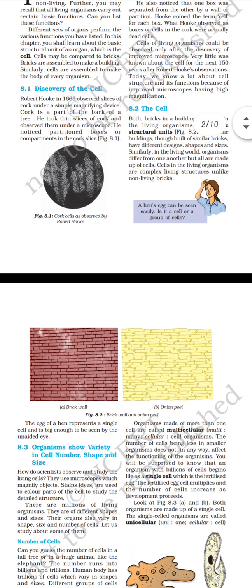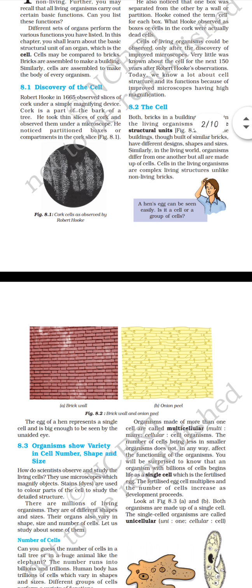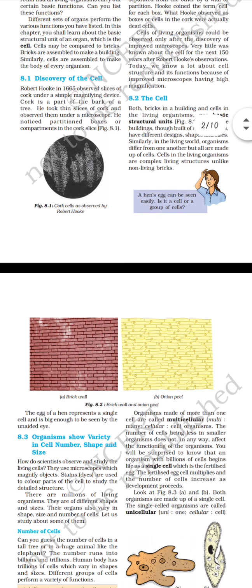He thought that if this kind of compartment of small boxes is present in cork, then it may be present in a living organism also. But at that time he could not observe or test it in a human body because in that year there were no microscopes with high resolution and magnification.